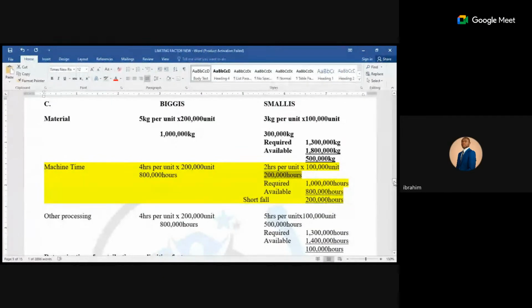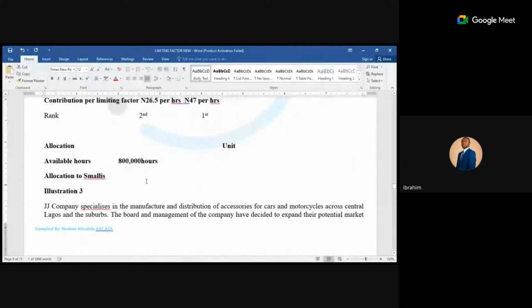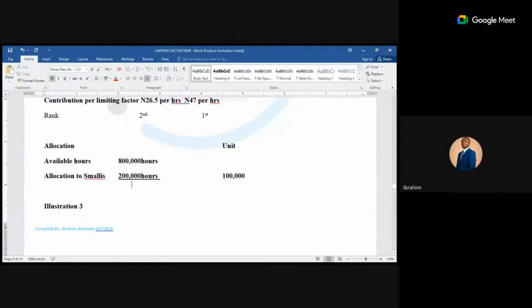So we have to allocate 200,000 hours first, to produce 100,000 units.